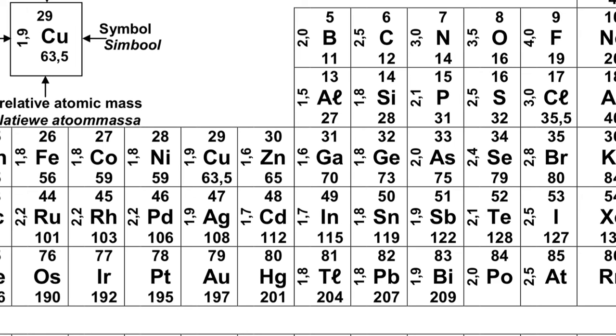You can't separate them. So this is an indication of the fact that what's sitting on this table is in actual fact an average, a weighted average of the different isotopes' mass numbers that we find in nature. We are going to look into more detail into this soon enough.